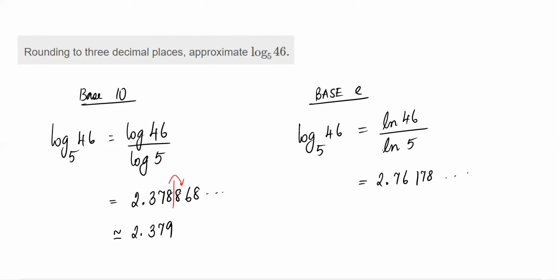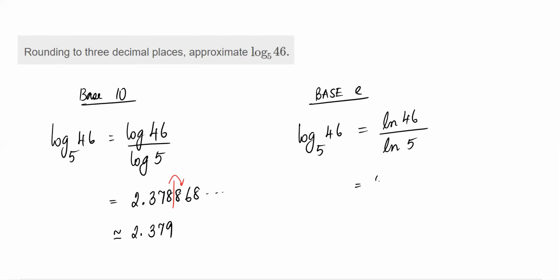When rounded to 3 decimal places, 2.762. You notice that there is a slight deviation. Oh, I'm sorry, I think I got the wrong number there. Pardon me, because I did a natural log 4 instead of natural log 5. That's why I was wondering why the big deviation. So ln 46 over ln 5, not 4.